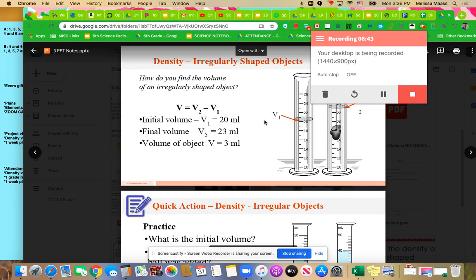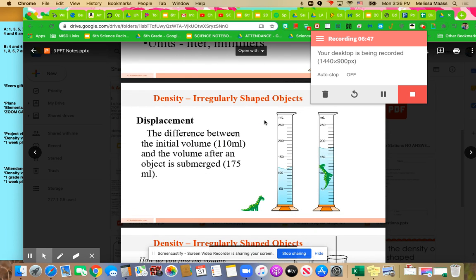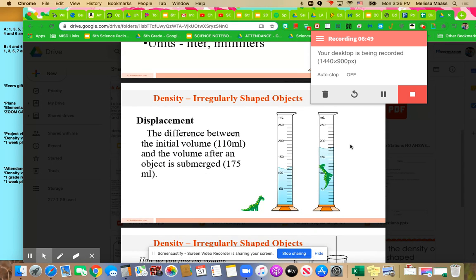Okay, so that previous example was a great example of finding the density of a regular shaped object, like a rectangle, a square, or a cube.